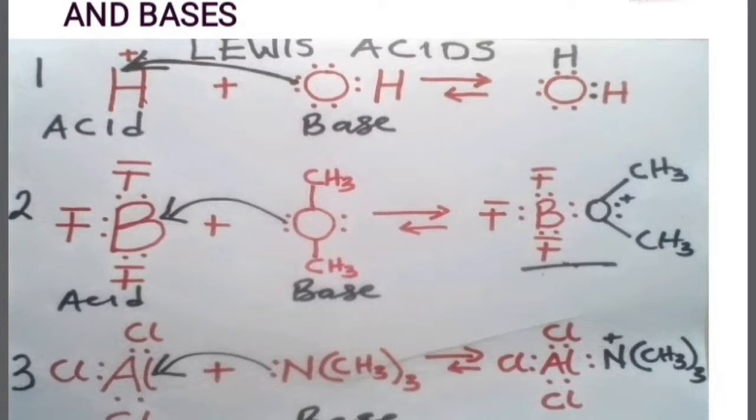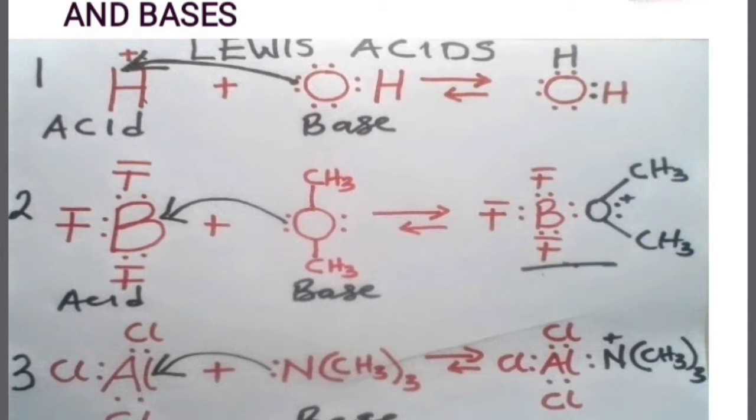The hydrogen ion has a vacant s orbital, while the hydroxyl ion possesses lone pairs of electrons. From the arrow, we can see that the hydroxyl ion, which is a base, is donating a lone pair to the hydrogen ion, which possesses a vacant s orbital.